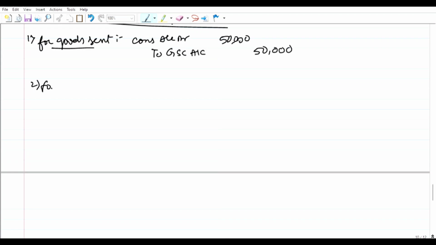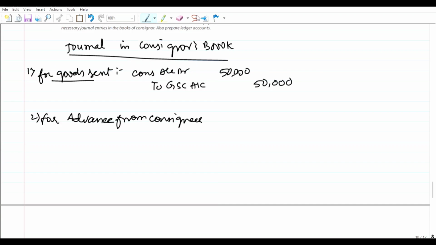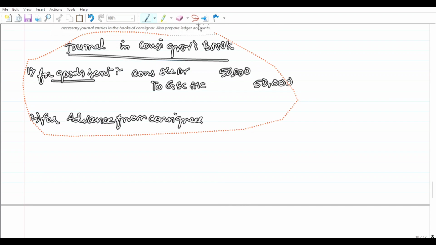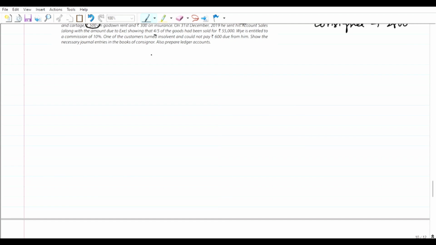Next, for the second entry, which is for advance from consignee. Okay, as these are the general entries, let us keep headings. One minute, friends. What is the thing here?